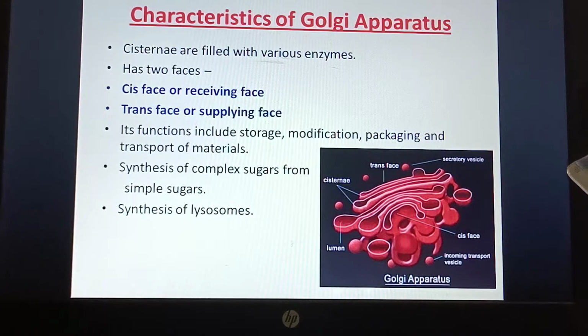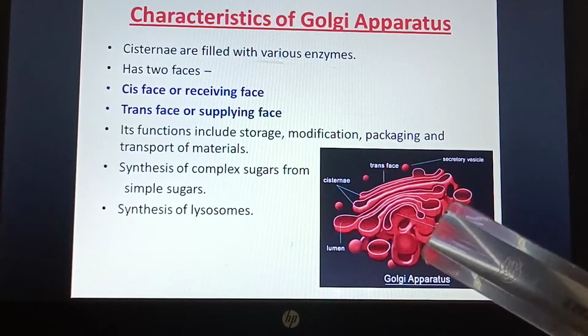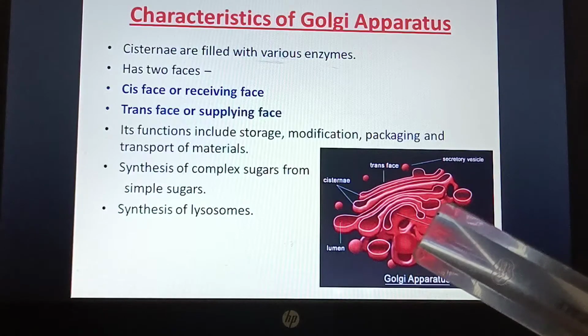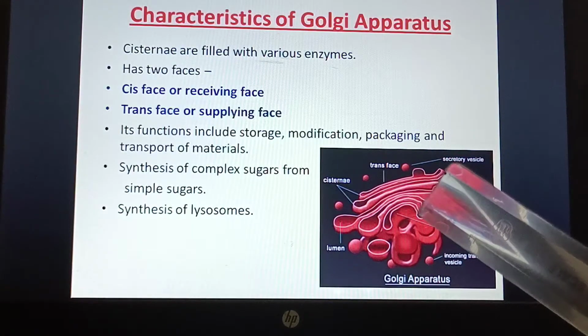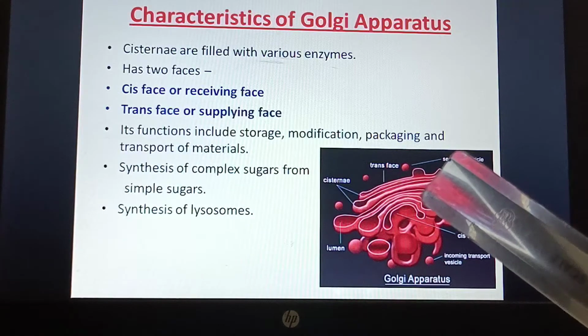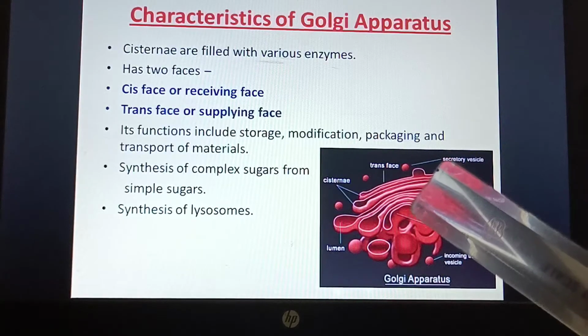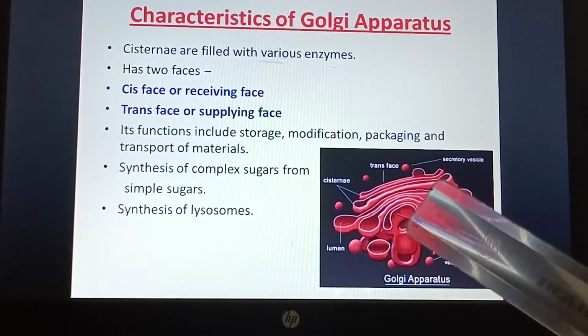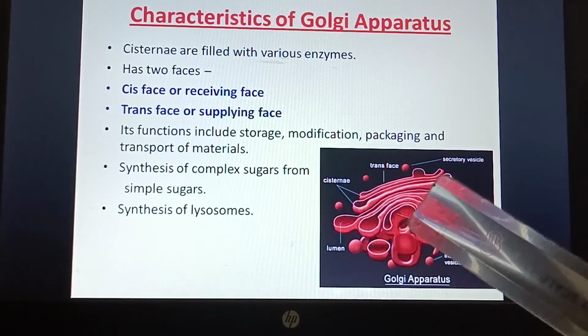The cis phase is called the receiving phase, because it is where you put the substances, and the trans phase is where it comes out, like an output or supplying phase.